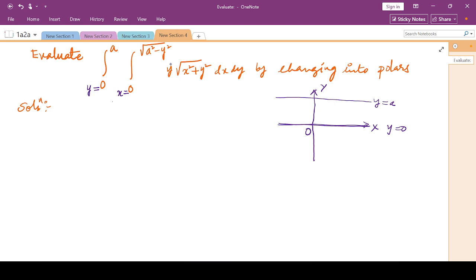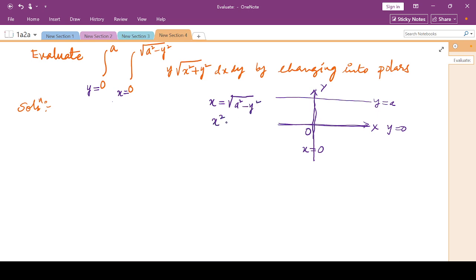Then what does x equal to 0 represent? x equal to 0 is the equation of the y-axis. And remember, y is equal to a is a line parallel to the x-axis. And this is again x is equal to square root of a square minus y square.